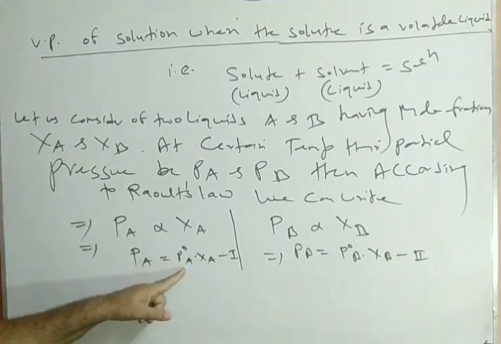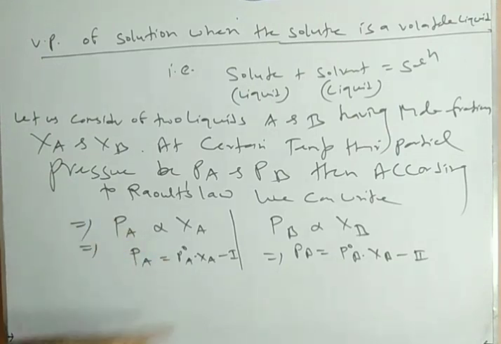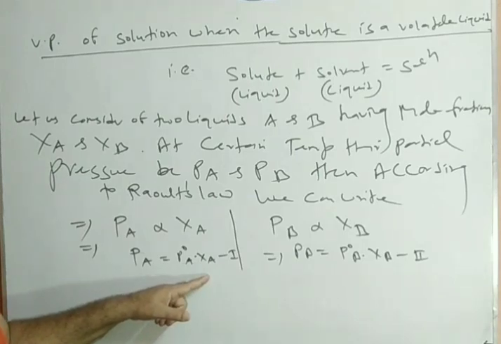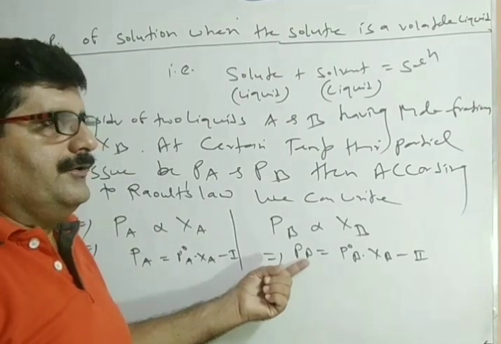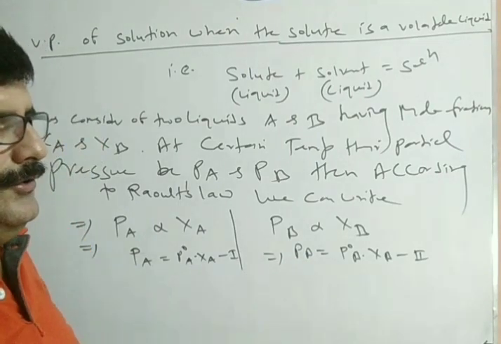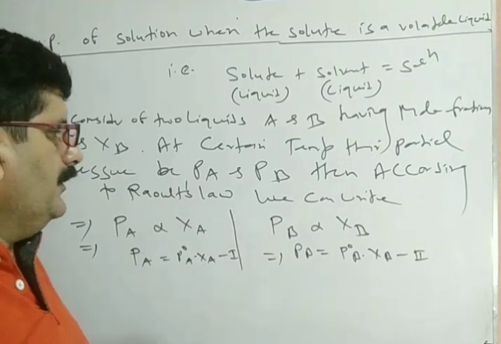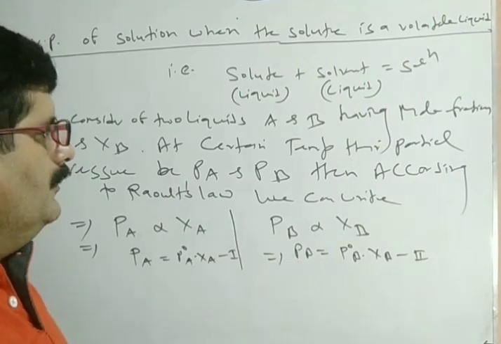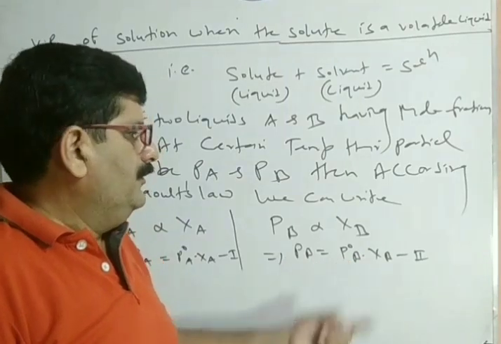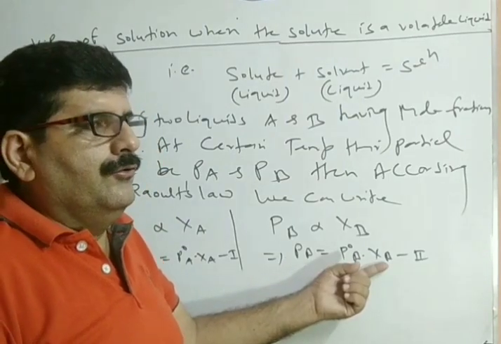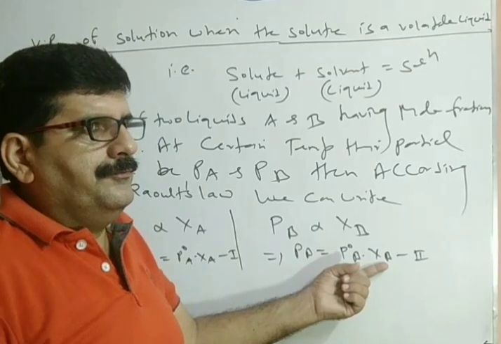P naught A is the vapor pressure of pure solvent. XA is called what? Mole fraction of liquid A. Similarly, PB means what? Vapor pressure of impure solvent, that is PB. P naught B, vapor pressure of pure solvent B. XB is the mole fraction of B.